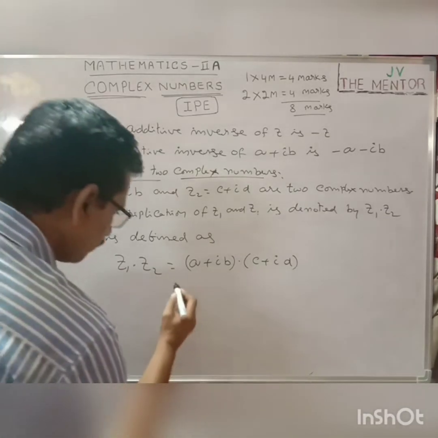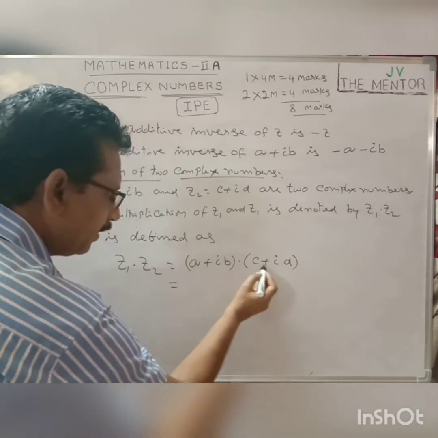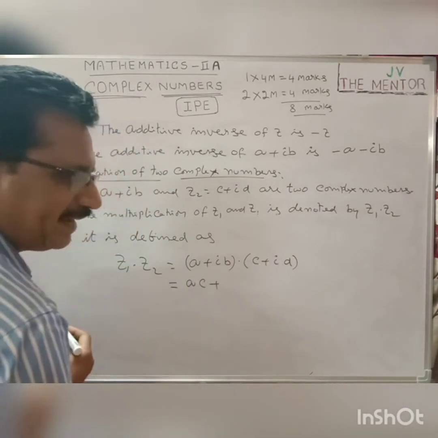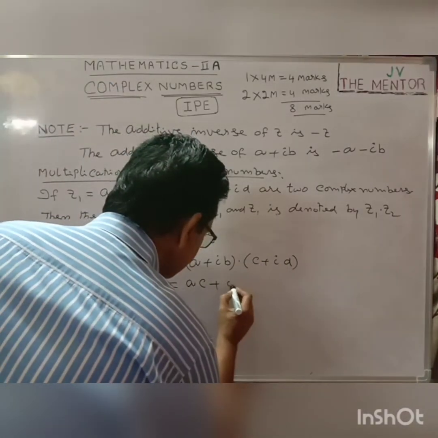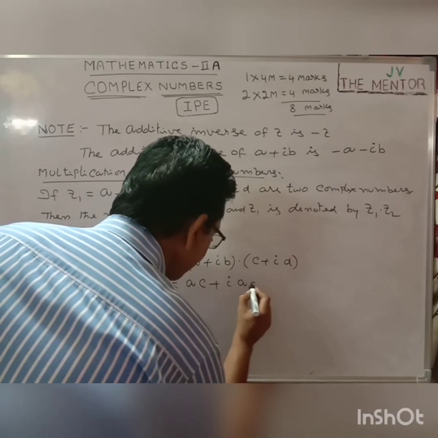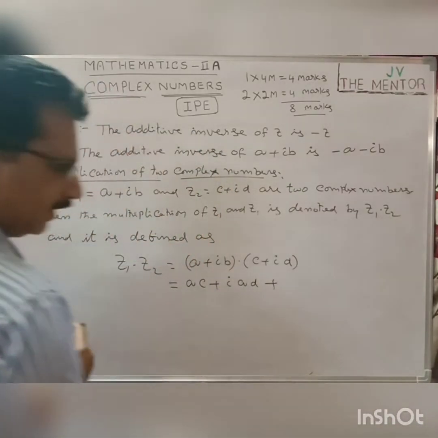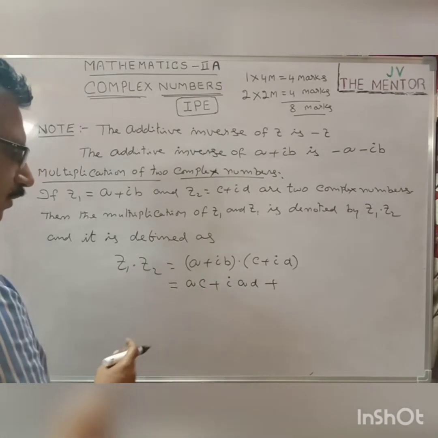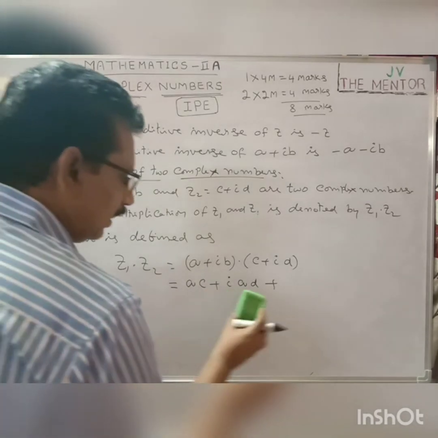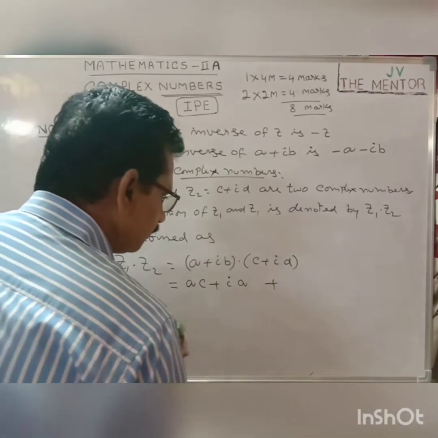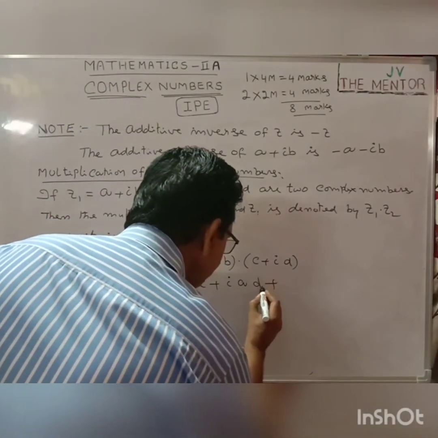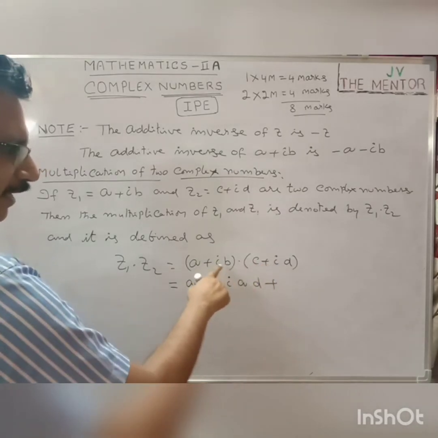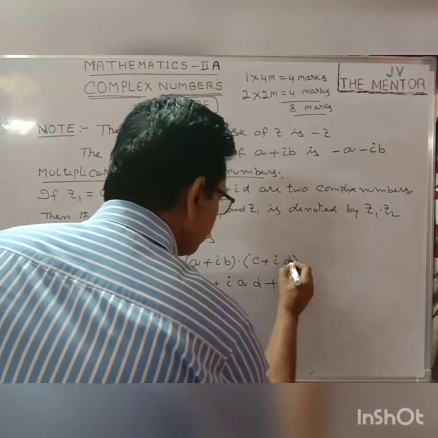First A into C, AC, A into ID, it can be written as I into AD. Next, multiplying C plus ID with IB.